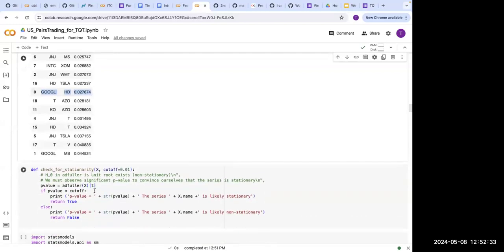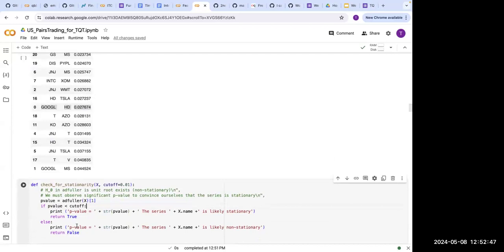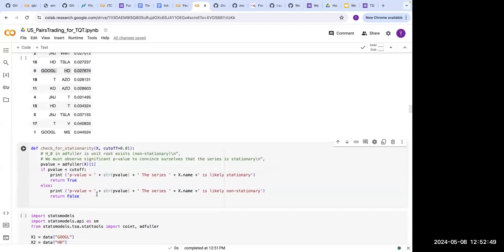So we'll see how to use this data itself and our own insight into how we should consider a strategy when taking two pairs. One thing here is another function called check for stationarity. That means the stock movement in the graph is actually following what we expected.